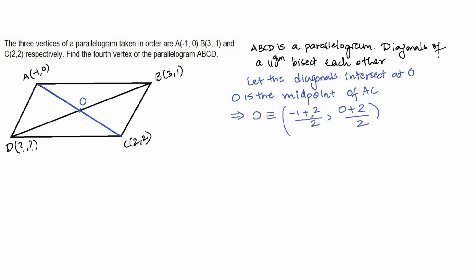I have taken the x coordinates of A and C. I have taken the y coordinates of A and C and averaged them out. So therefore coordinates of O are (1/2, 1).